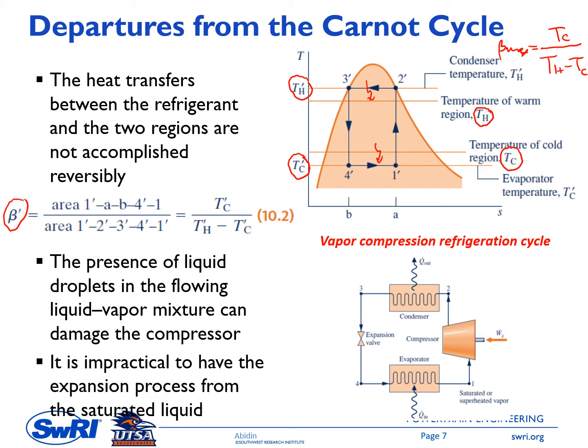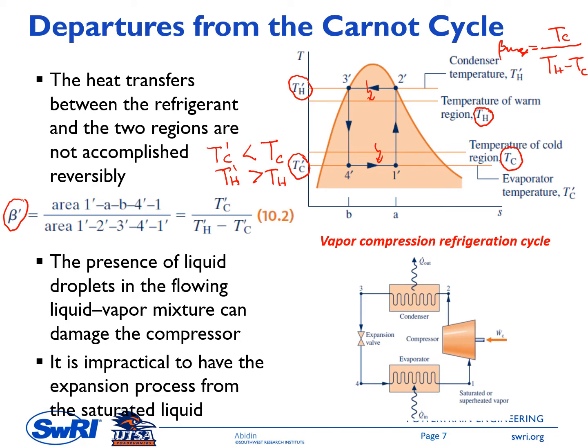And you can see in this formula 10.2, the beta prime is the ratio of TC prime over TH prime minus TC prime. And you can see from this TS diagram that TC prime is lower than TC, and TH prime is higher than TH.